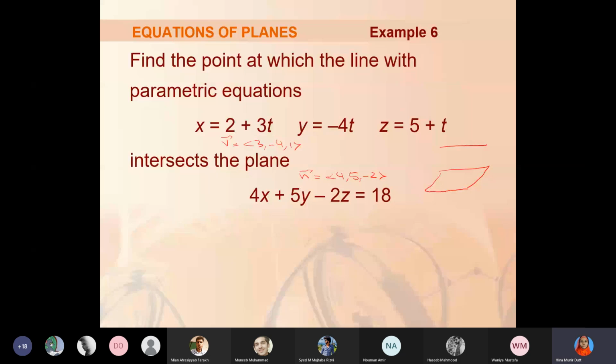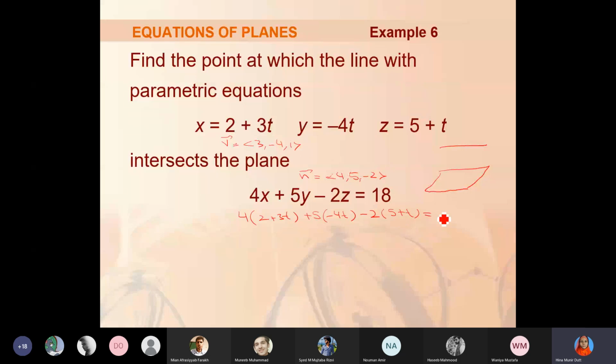How to determine that point? We suppose that the point x, y, z lies on the plane. Then we will put this point in this equation of the plane. Basically, simultaneously solve this equation. This is 4 times (2 plus 3t) plus 5 times (minus 4t) minus 2 times (5 plus t) is equal to 18.